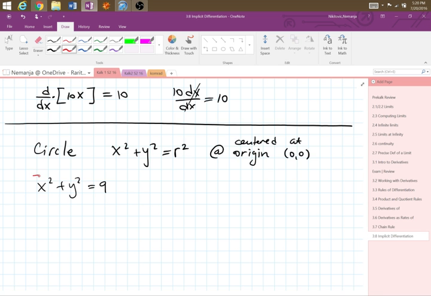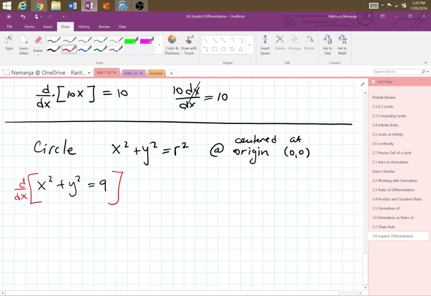Well, let's differentiate the entire problem in respect to x and see what happens. What is the derivative of x squared? 2x. Now, technically, I could follow this with a chain, dx over dx, but I don't have to. I'll come back to that later. Plus, what's the derivative of y squared? Times dy dx. Very good.